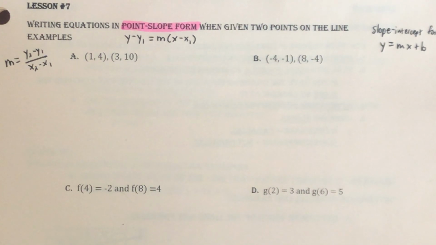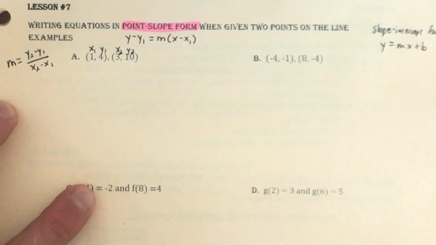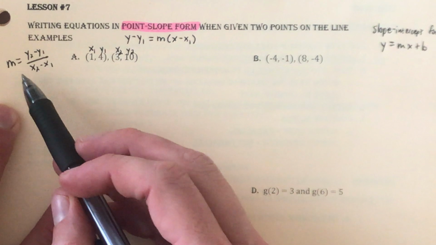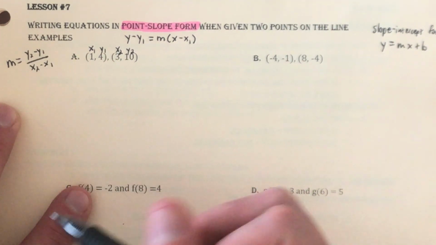So the first thing I need to do is figure out slope. I'm going to label these points as x1, y1 and x2, y2. And then I'm going to plug them into my slope formula of m equals y2 minus y1 over x2 minus x1.